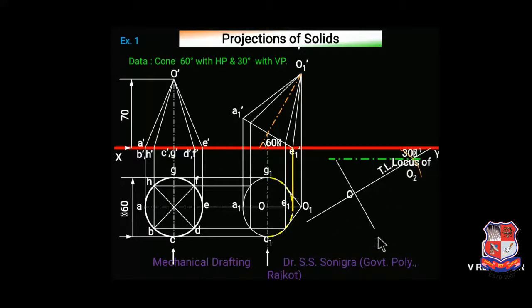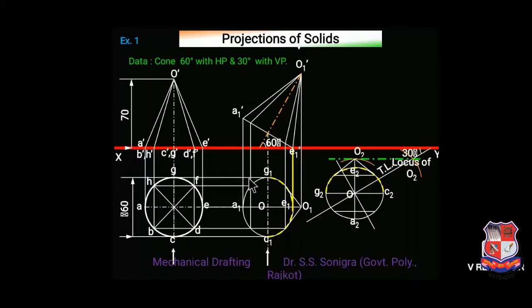Now mind well, listen clearly. Take O1 as a radius, this one O1, O as a center, draw an arc, and that arc will cut locus of O2 at some point somewhere here. This is point O2, and take this distance over here, then redraw this figure, right?